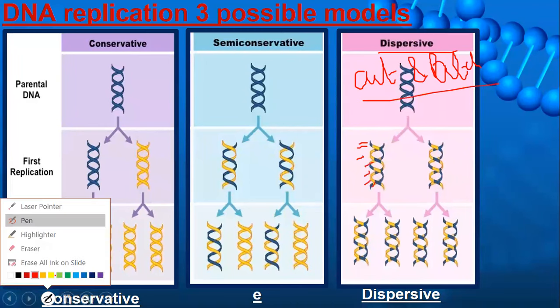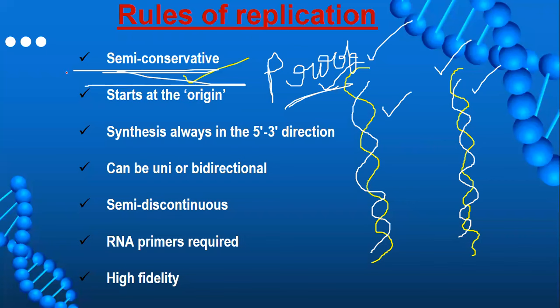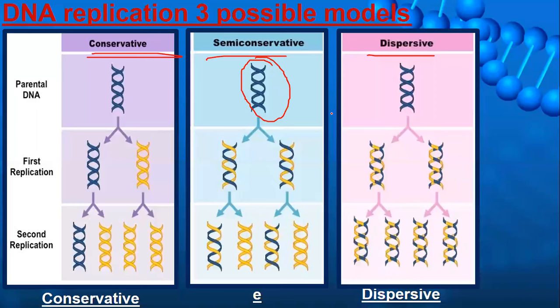But here comes the question. What was the question? Watson and Crick proposed semi-conservative. Some other scientists proposed conservative and dispersive. But we really don't know which model our DNA molecule will follow in order to undergo the process of replication. So to prove this, two genius molecular biologists named Matthew Meselson and Franklin Stahl conducted a beautiful experiment.